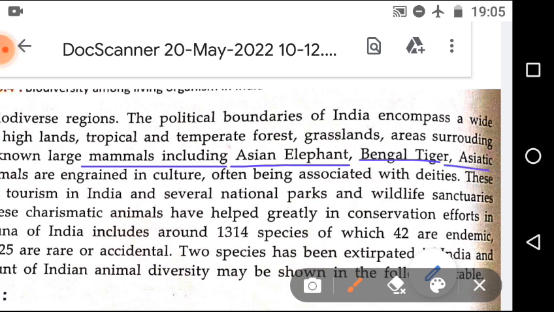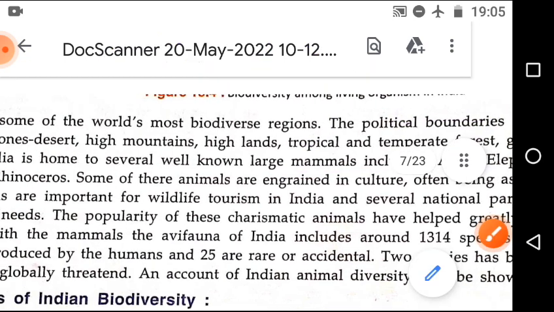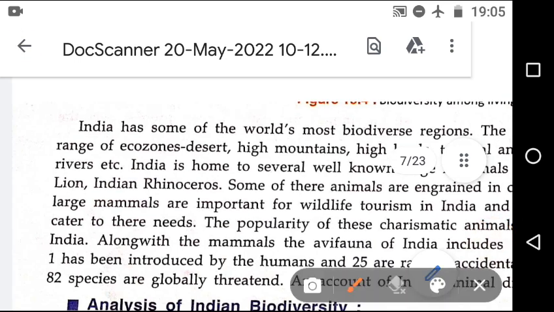The Asiatic lion is also known as the Gir lion because it is found in the Gir forest of Gujarat. Then the Indian rhinoceros.